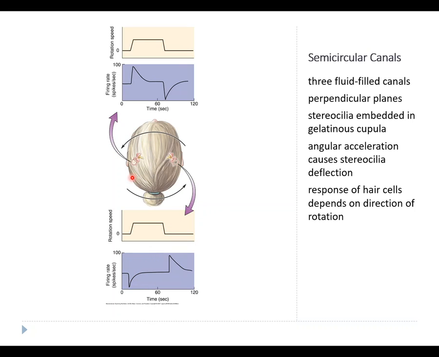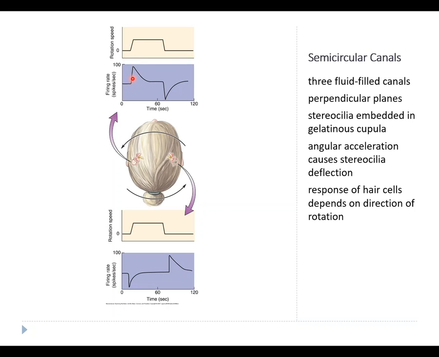So for the horizontal semicircular canals, rotating the head to the left activates the left semicircular canal hair cells, and it inhibits the right semicircular canal hair cells, and vice versa. This also shows that the only thing that activates these is acceleration, or angular acceleration.